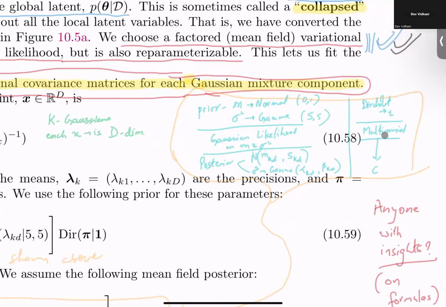For each data point, I want to assign it to the cluster C, and if that variable is not a fixed point but a distribution, then the prior to that would be a Dirichlet.